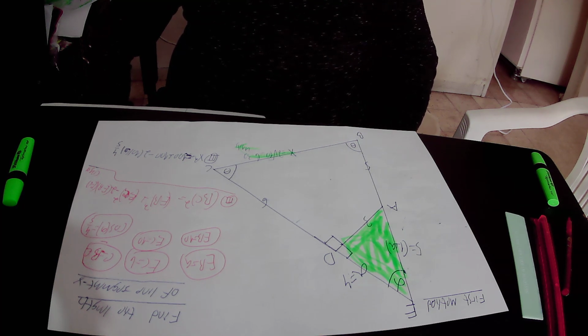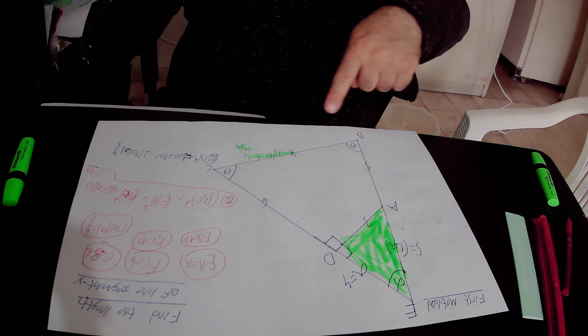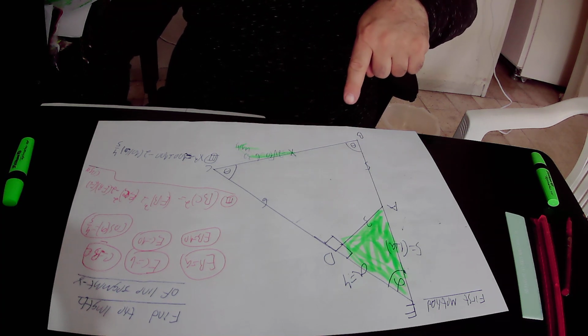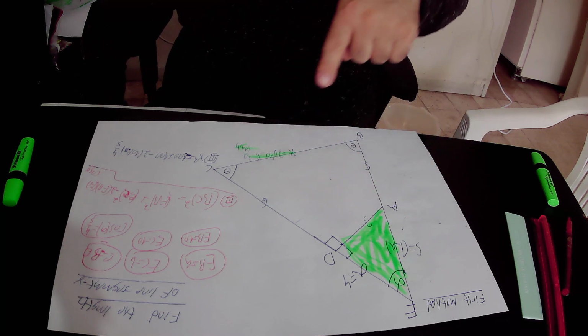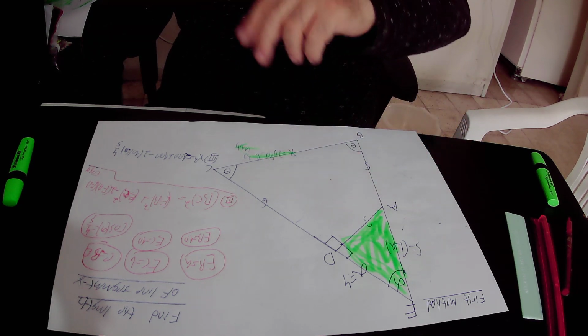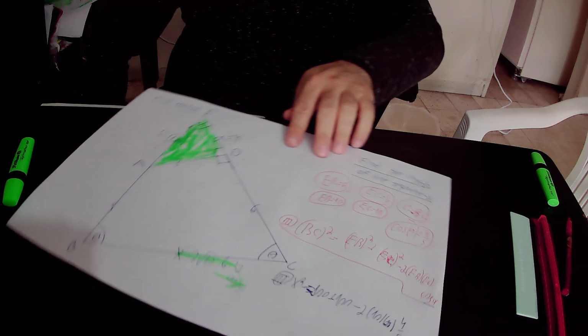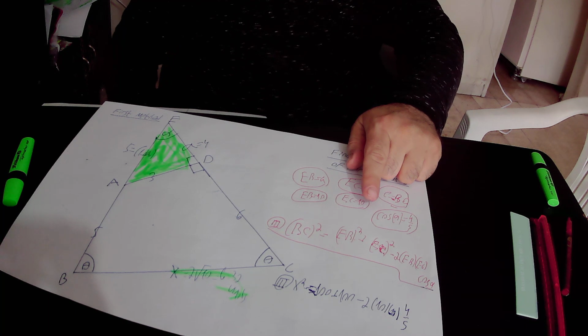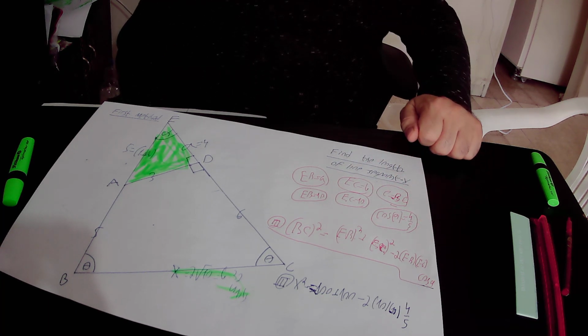Okay, so according to the law of cosines, BC squared equals EB squared plus EC squared minus 2 times EB times EC times cosine alpha. Again, according to equation number 3, BC squared equals EB squared plus EC squared minus 2 times EB times EC times cosine alpha.